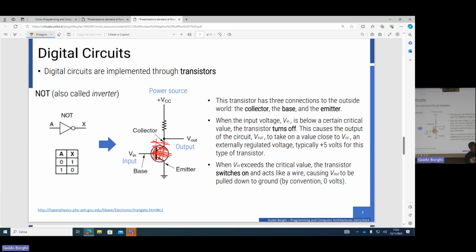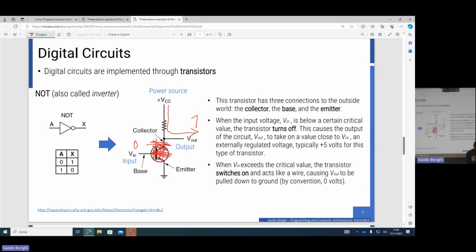We block the current here, and so from the power source, all the power is routed to the output. Okay, so in input, remember we have a very low voltage, so 0, and in output we have 1, since we are blocking the current here, and then all the current goes to the output. 0 and 1. First condition, 0 in input, 1 in output.